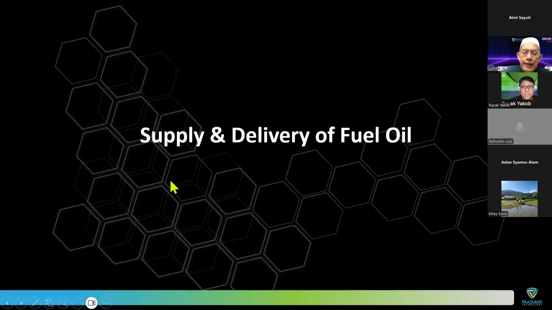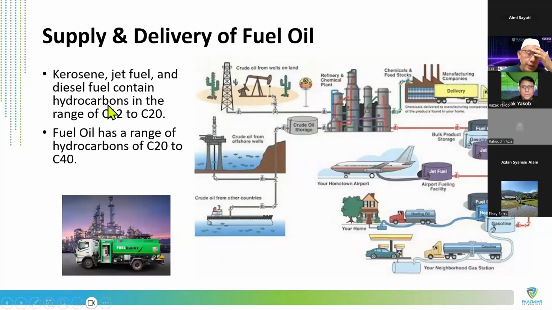Okay, and then we come to the supply and delivery of crude oil. Of course, when we extract the oil, we want to understand how we deliver the crude oil to the market. So you can see that from the drawings here. We have the crude oil that is processed, and then we have kerosene, jet fuel, and diesel, and of course for fuel oil, we have a range of different compositions based on the burning power.